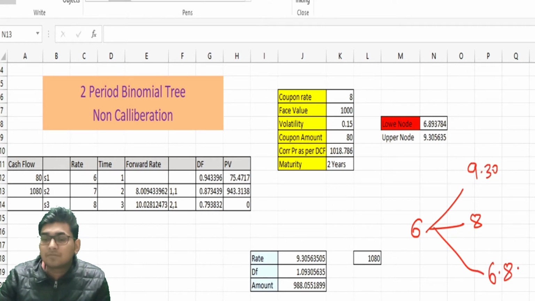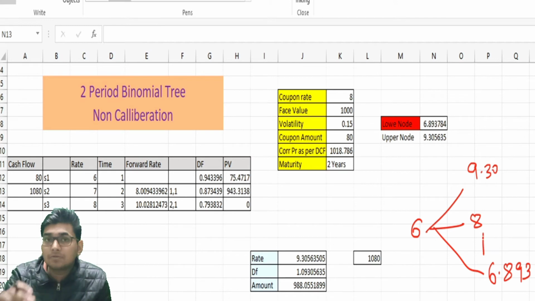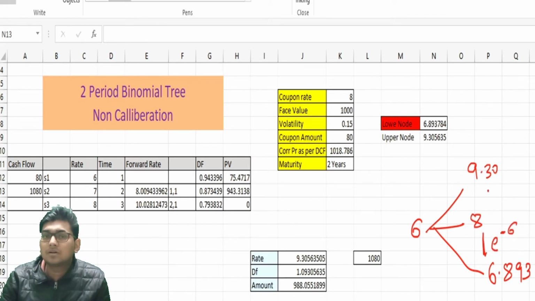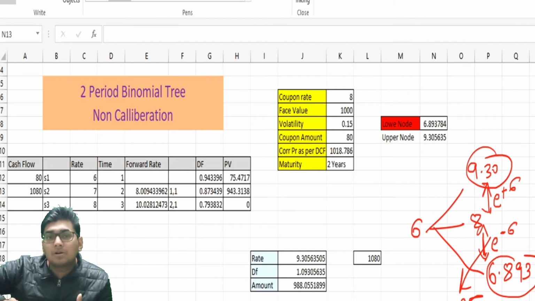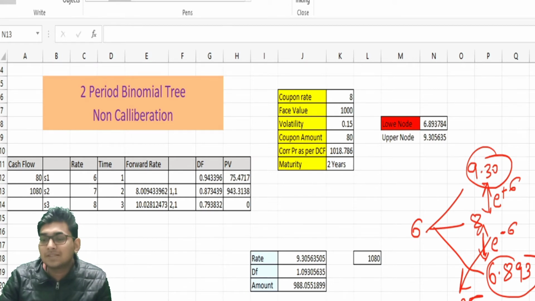If you calculate it in your calculator, 6.893 multiplied by exponential 2 multiplied by 0.15. No negative sign. Why? Because I'm going up. While you are going up, no need of a negative sign. When you are going down, there is a need of a negative sign. When you solve this equation, you will end up at 9.30.